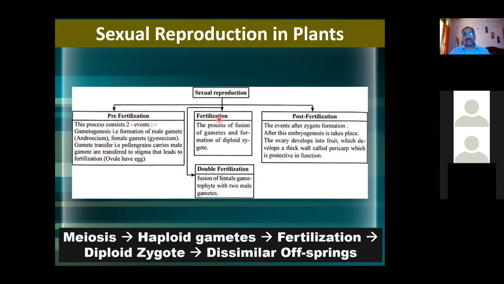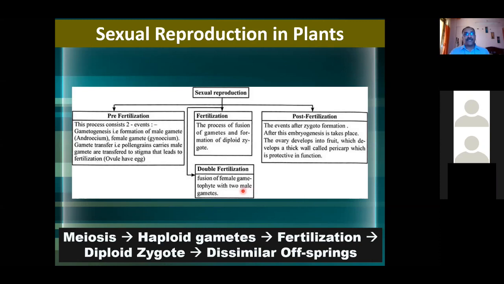Then comes fertilization. Fertilization is what? The fusion of those gametes. These transferred gametes are going to be fused, and that results in a diploid zygote. But in angiosperms, you have to remember, we use the technical term double fertilization. Double fertilization means 2 male gametes are getting into the female gametophyte, and there are 2 locations where the 2 male gametes are used.